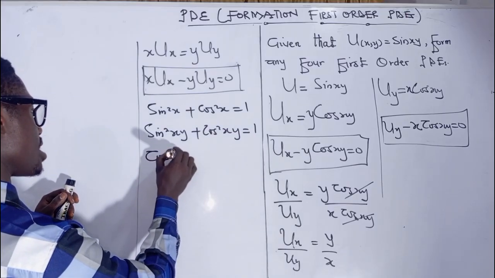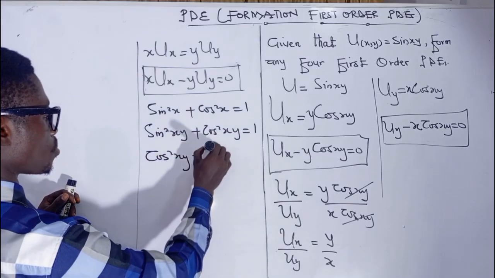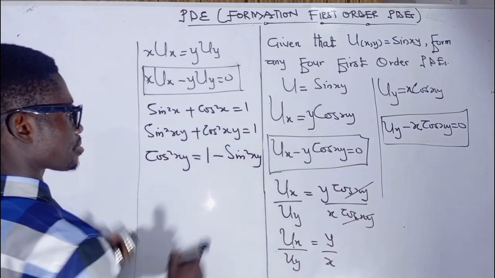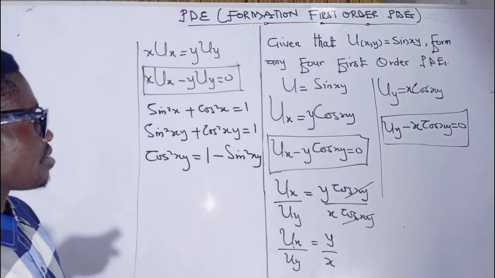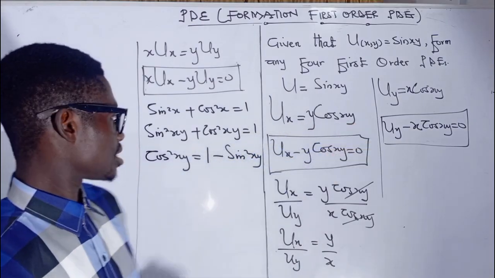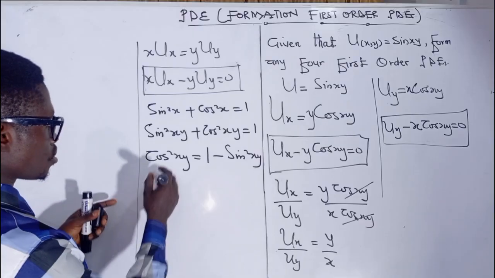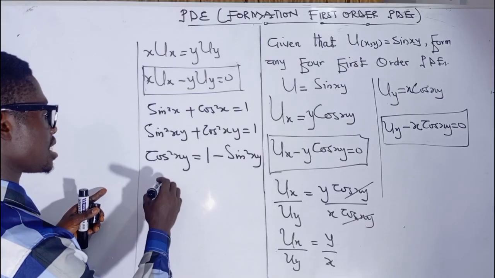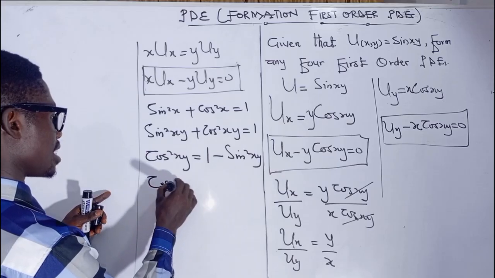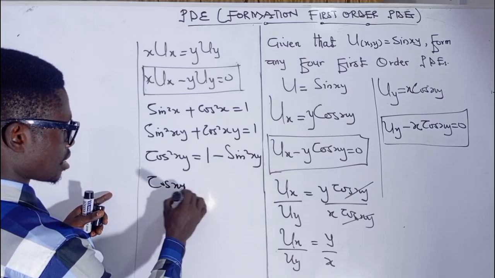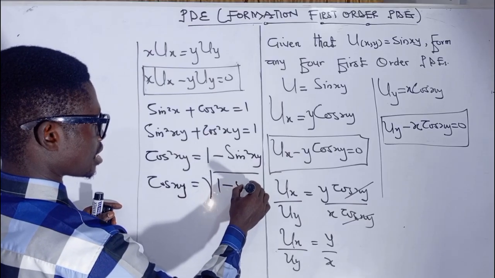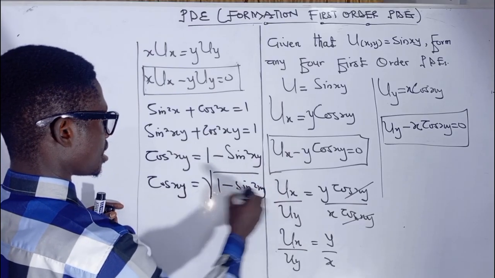So we have cos squared xy is equal to 1 minus sine squared xy. Now we are having y cos xy. Good. So from here, we can take the square root on either side of the equation so that we are going to have cos xy is equal to the square root of 1 minus sine squared xy.